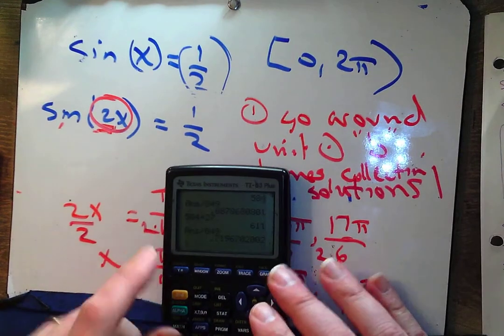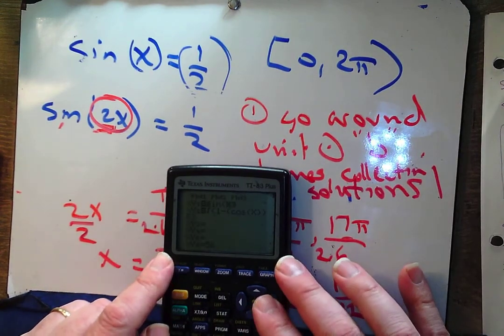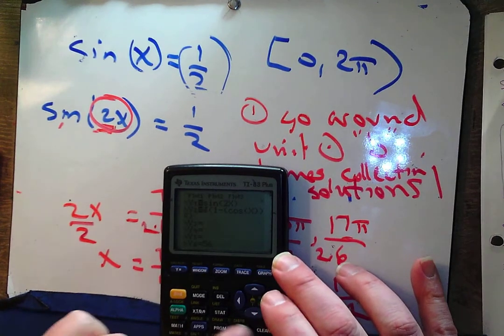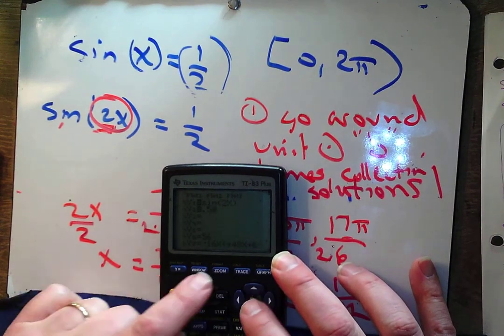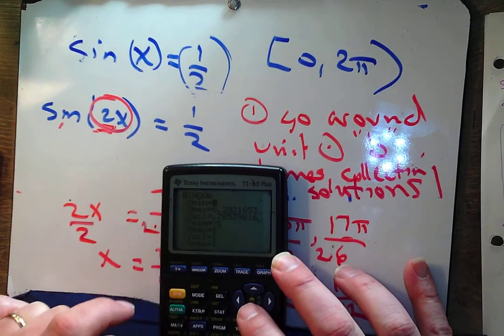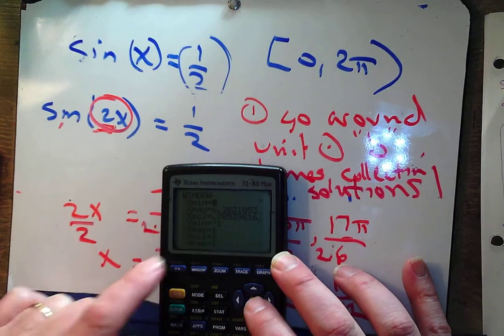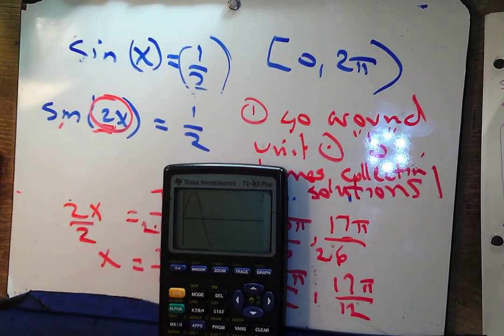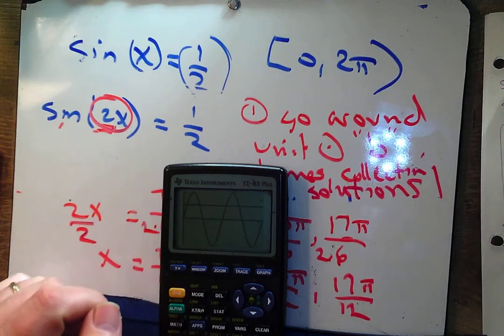In fact, I could even pull out my calculator and type in sine 2x and type in 1/2. And I'm looking on 0 to 2 pi, and I'm going from -1 to 1. That's great. Okay, there's my graph. There are my 4 points of intersection.